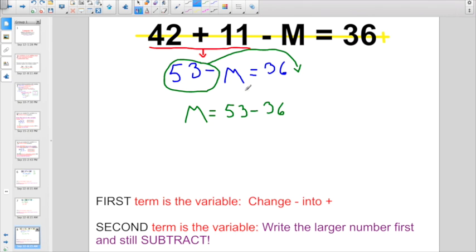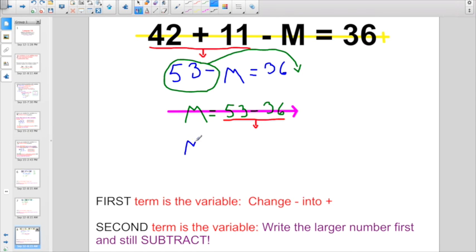So, only 2 jobs in algebra: combine terms or isolate a variable. I have terms to combine again. 53 minus 36, right? But again, we read equations left to right, so let's start off with everything that's not underlined.